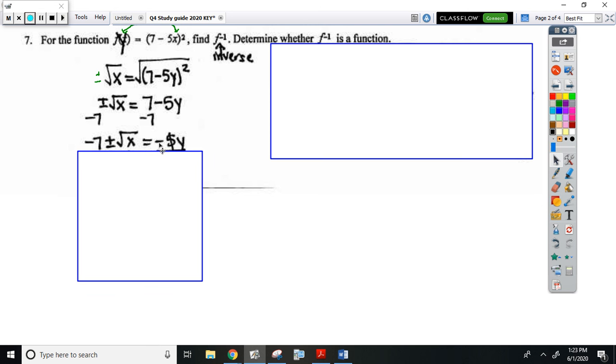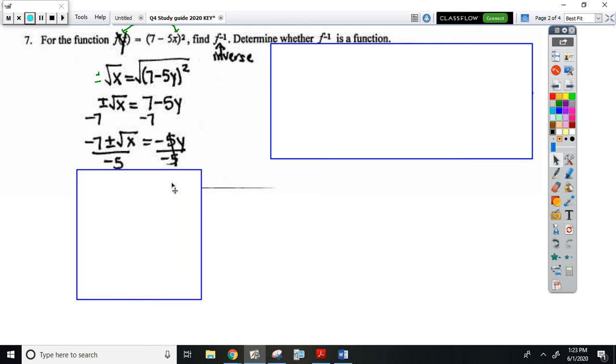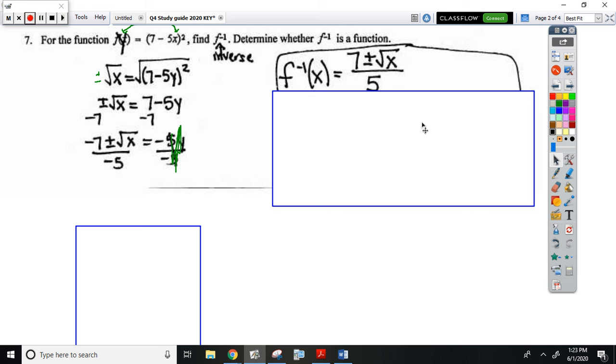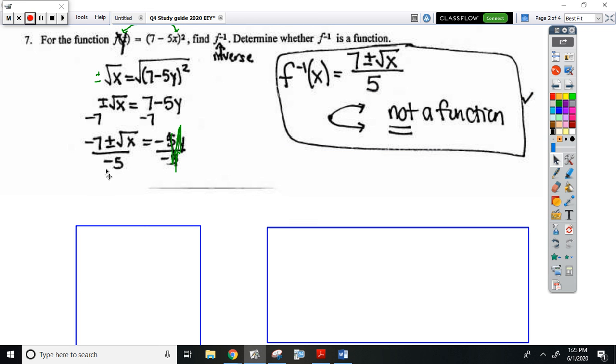And lastly, undo multiplication of negative 5 with division of negative 5 on both sides. Now, these two negatives will divide out to get us a positive 7/5. And technically, this positive divided by a negative is negative, and then negative divided by negative is a positive. So you can just leave that plus minus symbol right there.